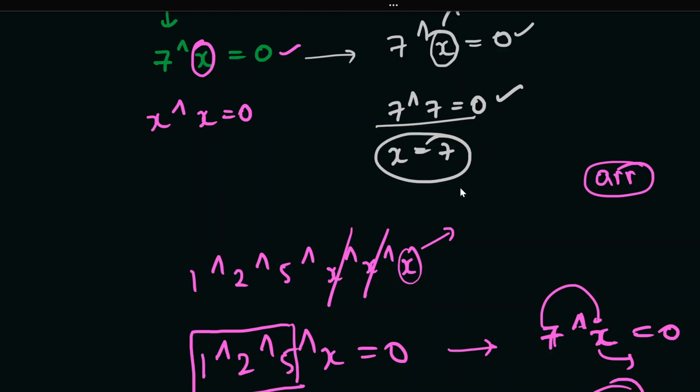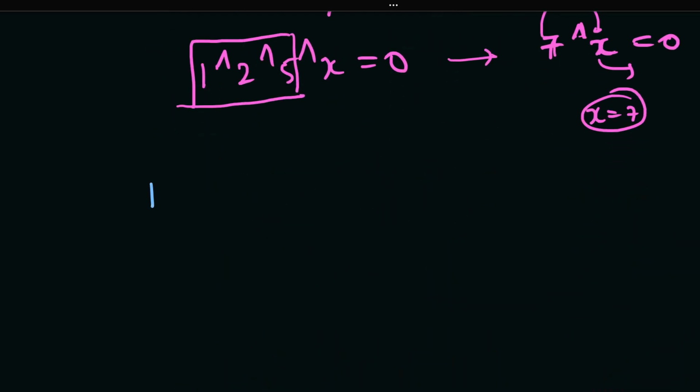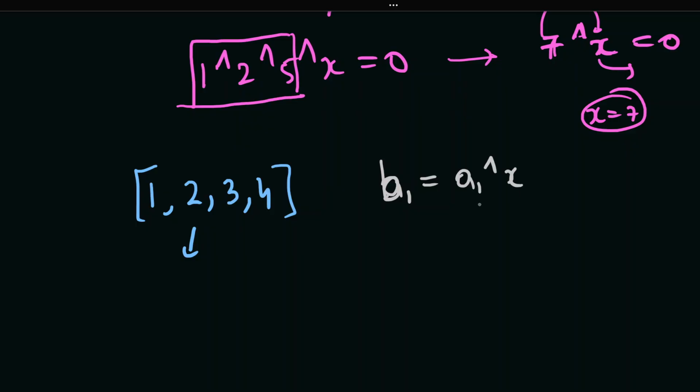One more thing to note down here. Let's take another case: 1, 2, 3, 4. How can we write this in the form of the question? They said that b1 is equal to a1 XOR x, and we need b1 XOR b2 until bn to be equal to 0.